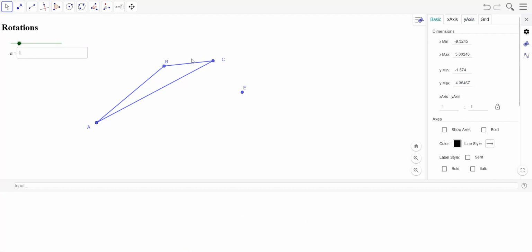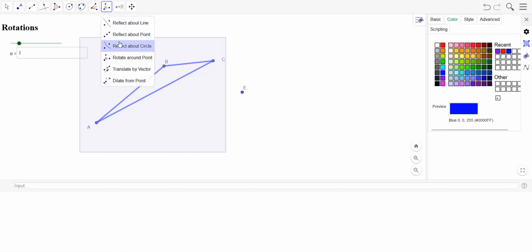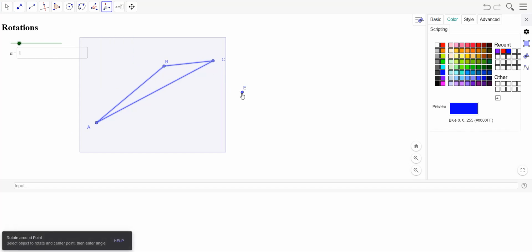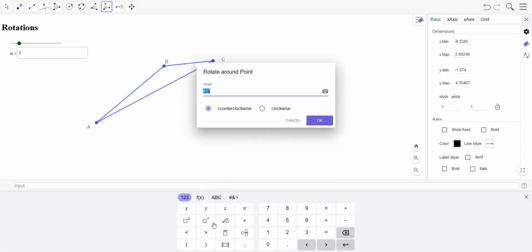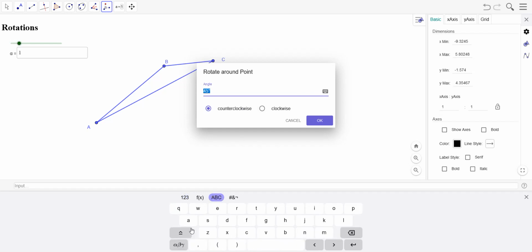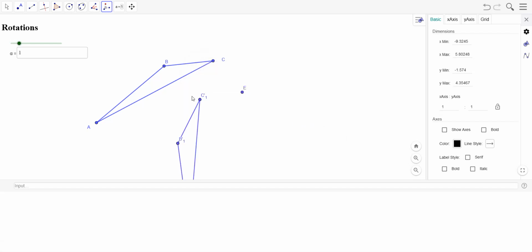Okay, so now I can take this, I think I can now select this whole thing here again and select rotate about point, select the center point, and when it asks for an angle here, we can tell it, okay, let's use alpha. Okay, and so it rotated by alpha there.